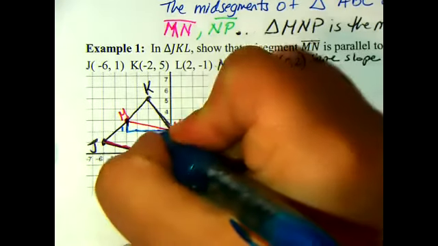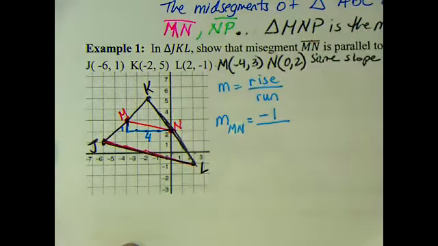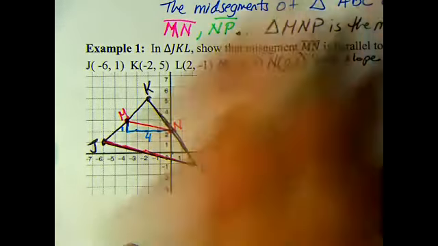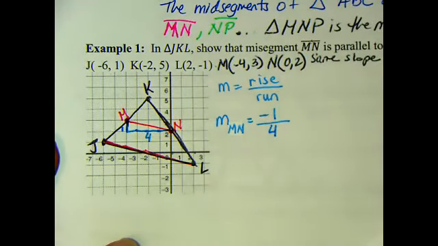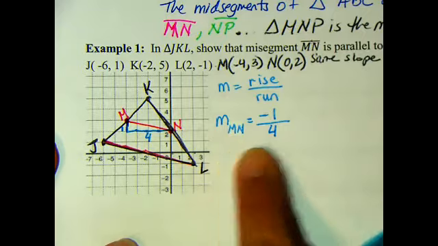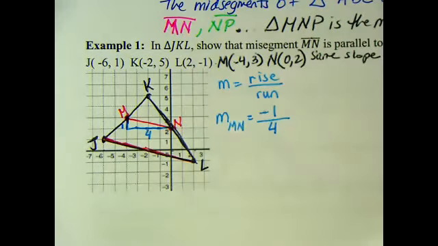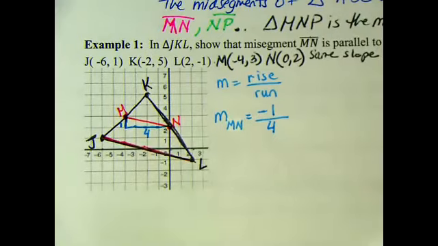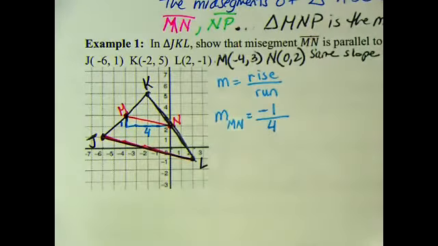I went 4 to the right, so it's a +4 for the run. So my slope for MN is -1 over 4. I used my rise over run visual method there, just counting the boxes. Hopefully this is ringing a bell from algebra.